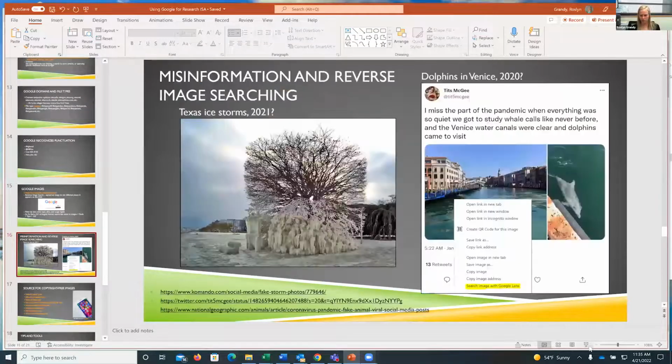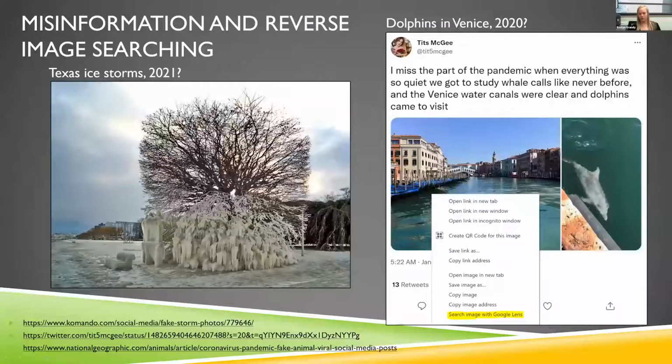And another thing I want to point out is that this can be very helpful for debunking fake news, misinformation that you come across. If you remember last year, there were some ice storms around the country in the South that were kind of unprecedented.